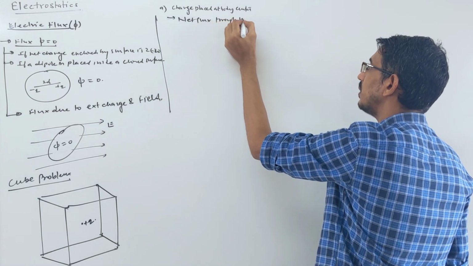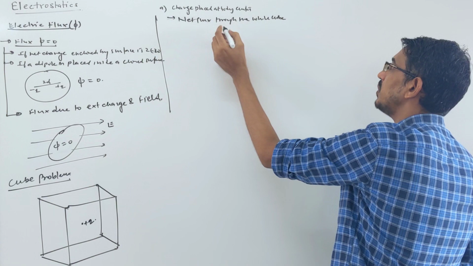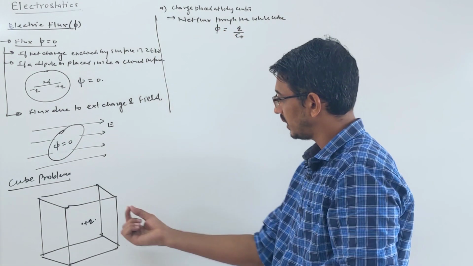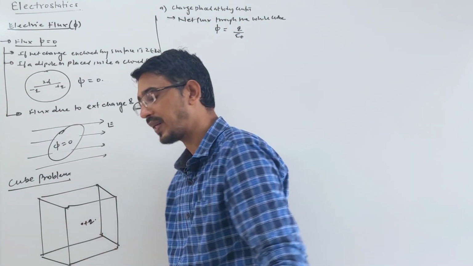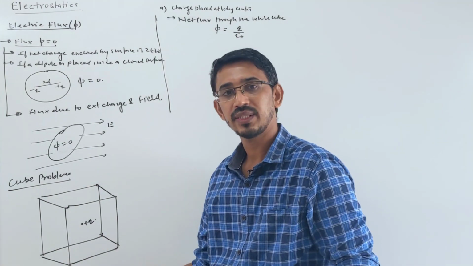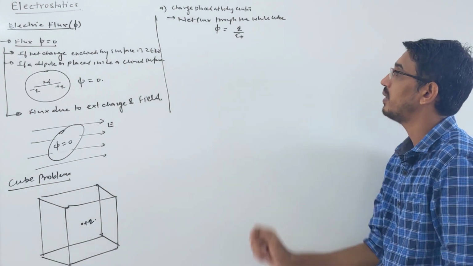How much flux will come through the whole surface? What is the answer? Q upon epsilon naught. This charge is placed at the center, correct? So what is the net flux coming through all 6 surfaces? We have 6 surfaces, right? Yes, 6 sides are there. So the net flux coming through all is Q upon epsilon naught.